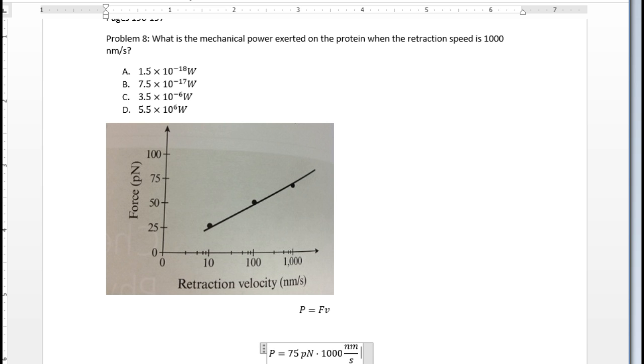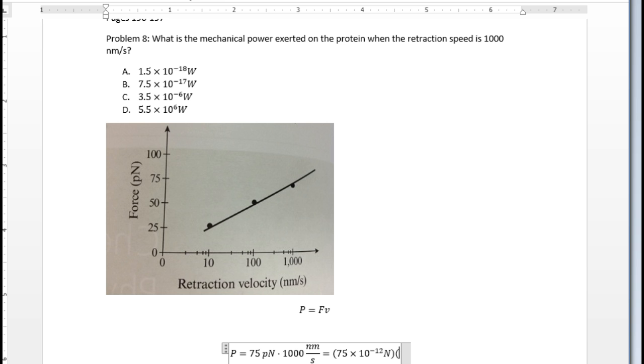Okay, so let's start looking at units. A piconewton is 10 to the minus 12th, right? So 75 times 10 to the minus 12th newtons, times, and what's a nanometer?